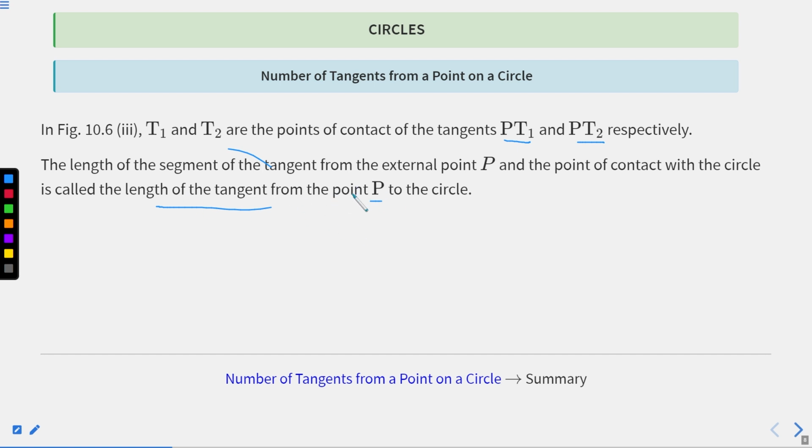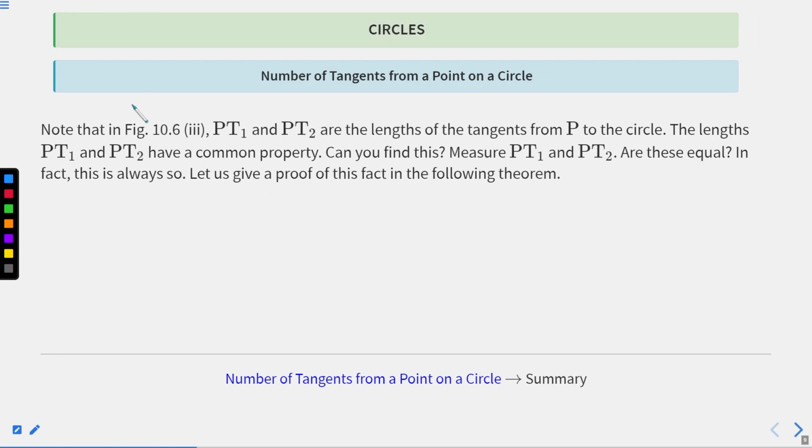Now note it down that in figure 10.3, PT1 and PT2 are the lengths of the tangent from P to the circle.